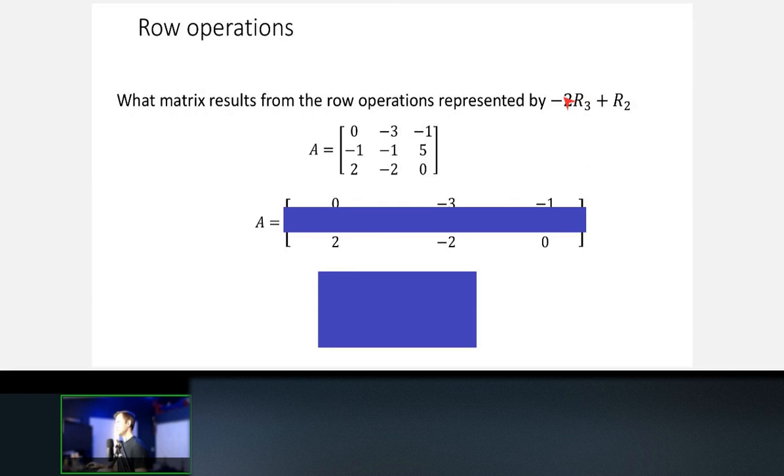So all we're going to do is -2 times 2 is -4, and then -4 plus -1 is -5.